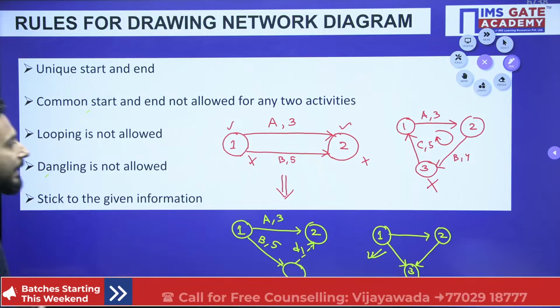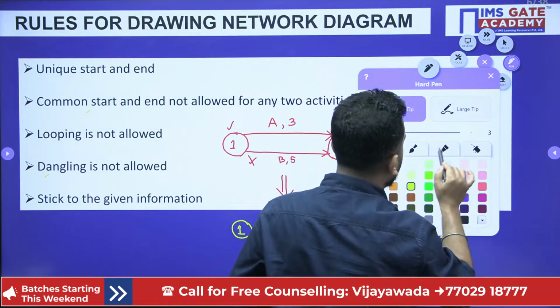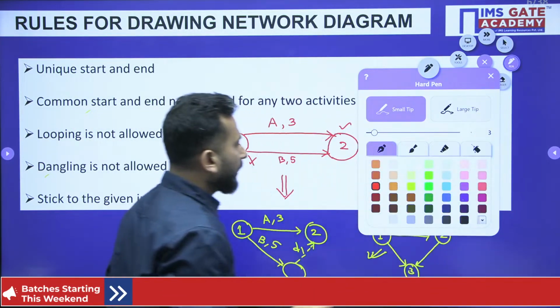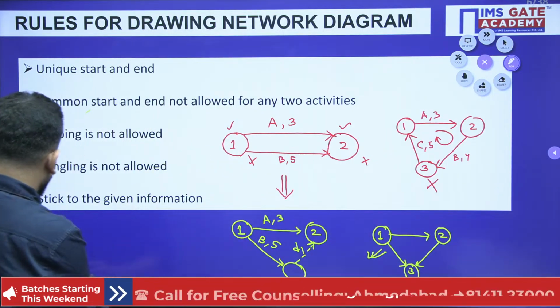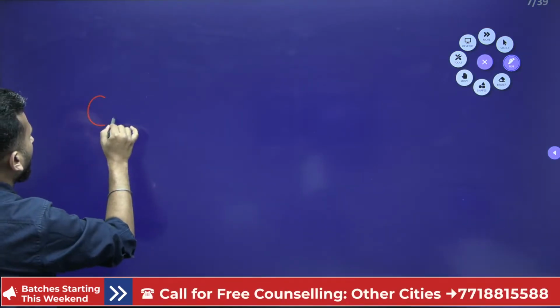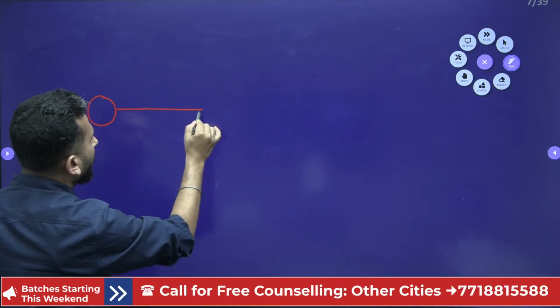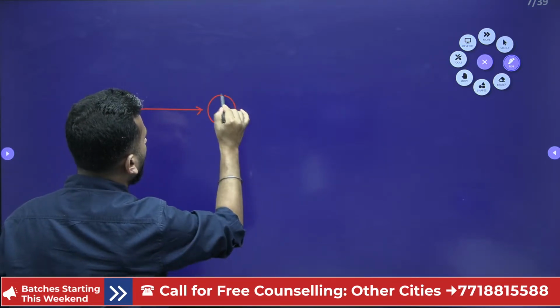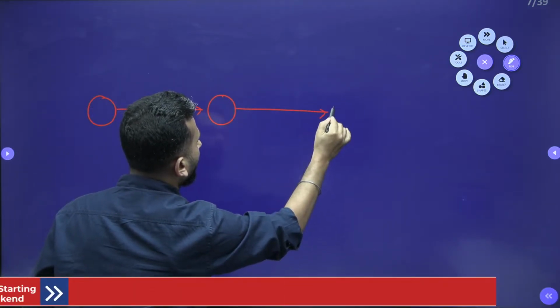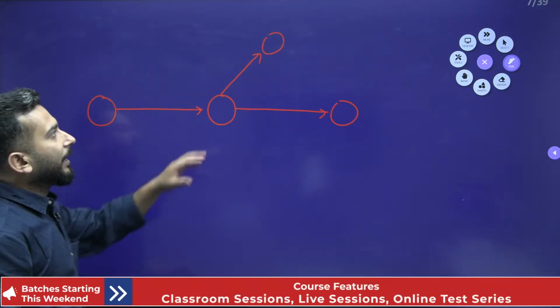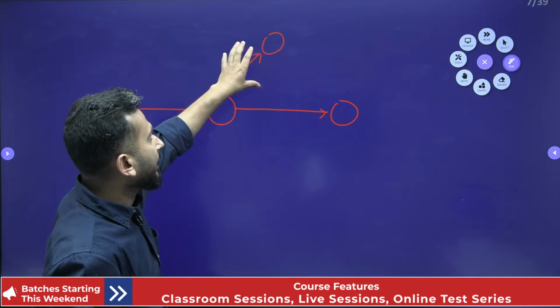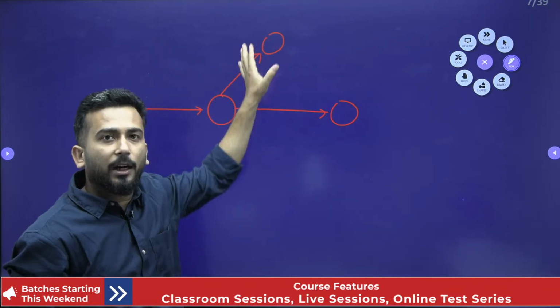Fine. Dangling is not allowed. What is dangling? My dear friends, suppose you are drawing a network diagram and you have left something, like an event, hanging out in the middle.